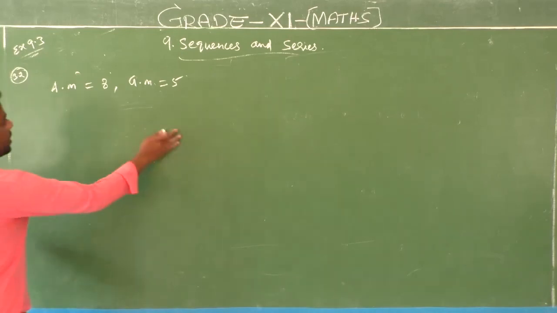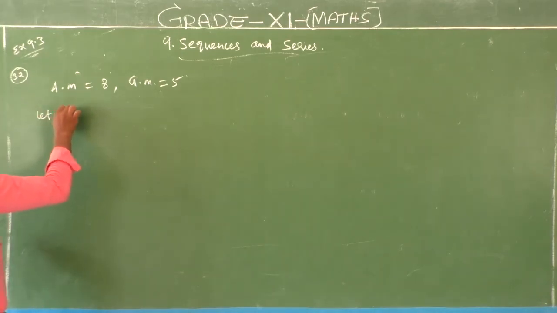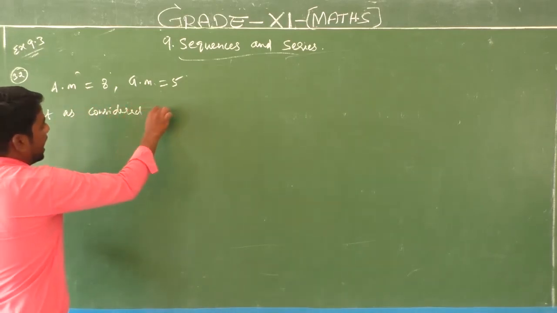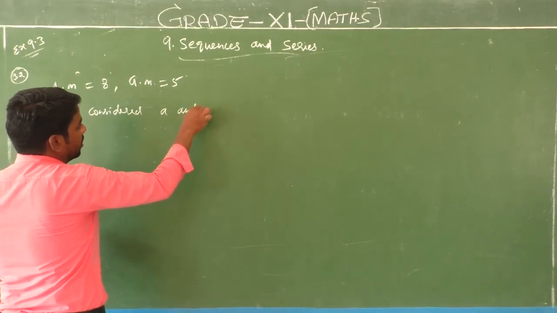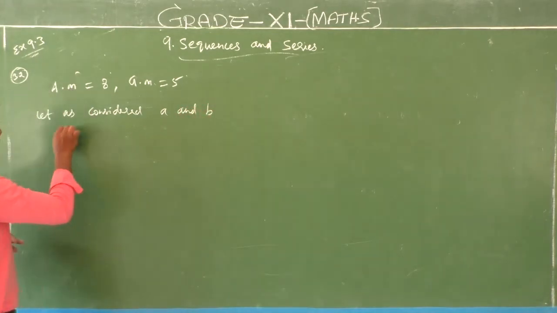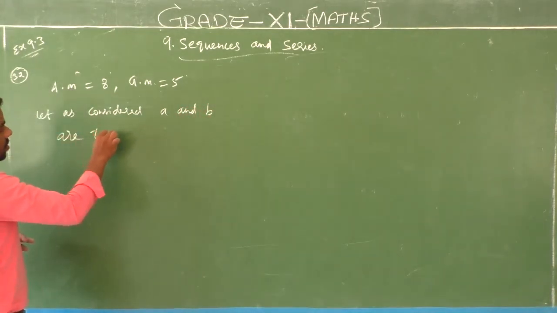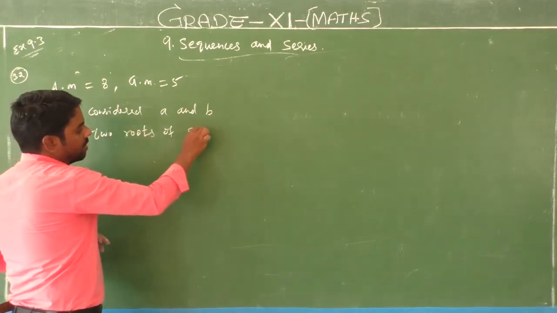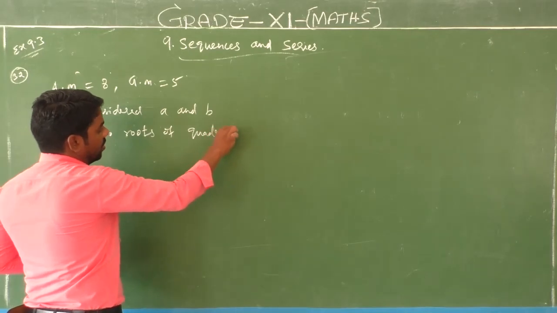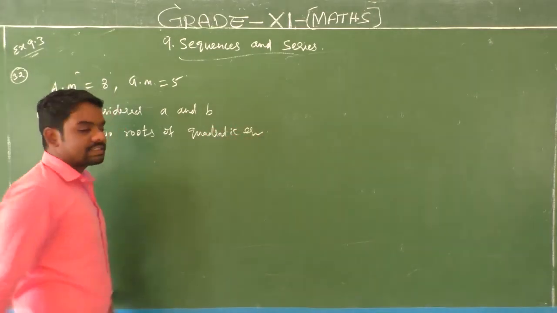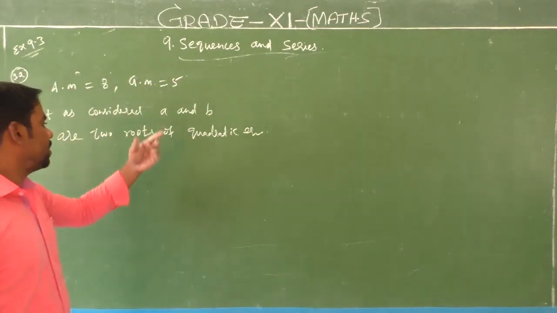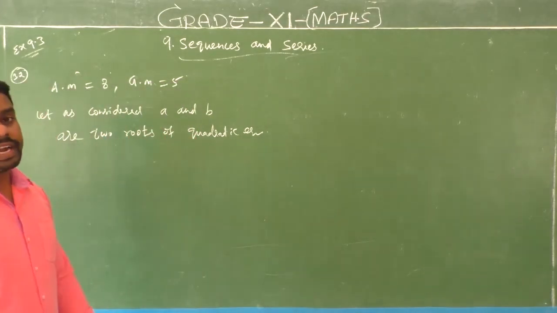Let us consider small a and small b, two positive values, as the two roots of the quadratic equation.